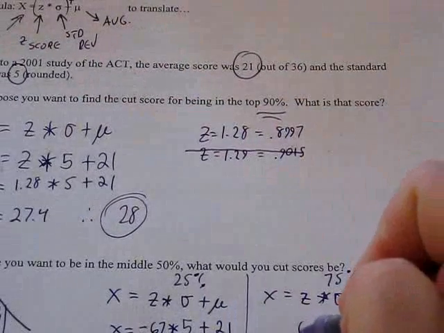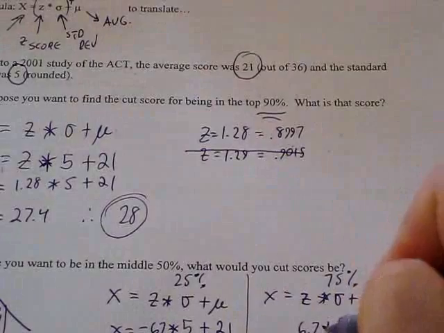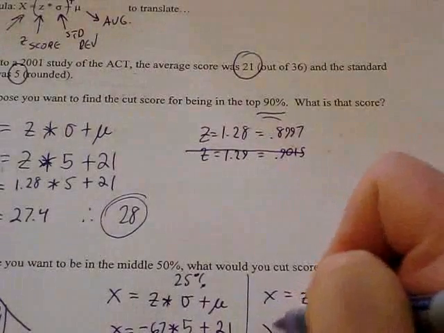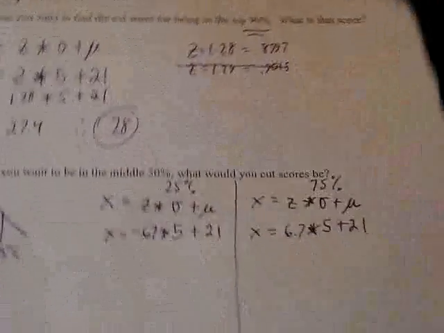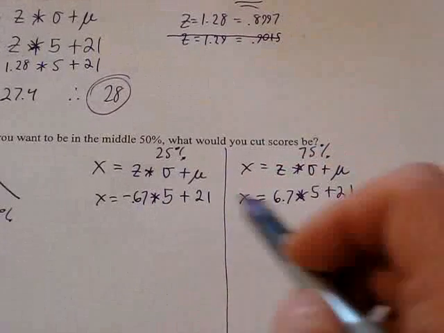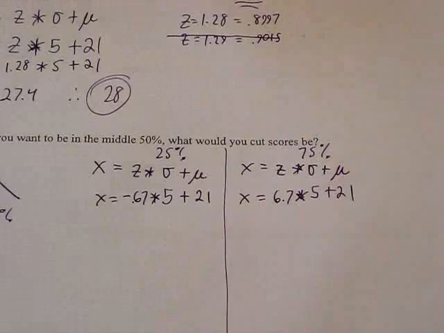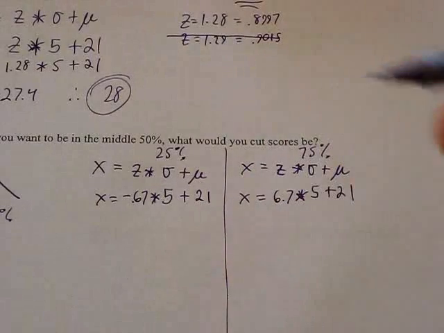The beauty of symmetry, folks. Positive 0.67, because we know that these normal distributions are symmetric. If I'm looking at the 25th percentile and the 75th percentile, it makes sense that these would be the same z-scores away from the norm.